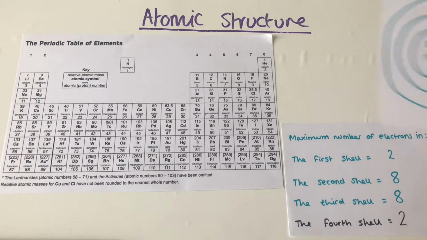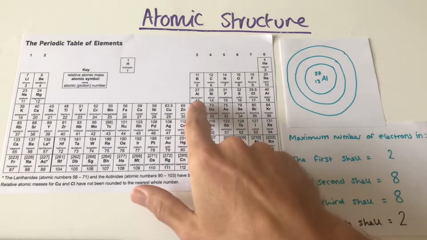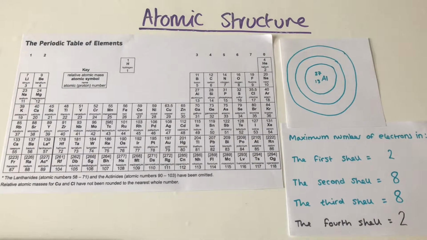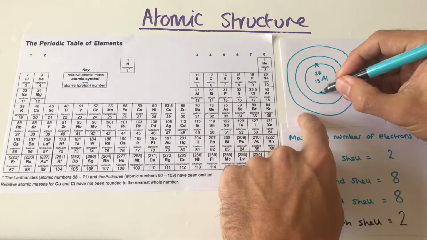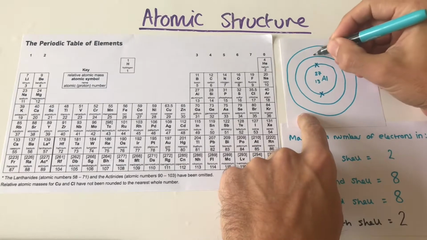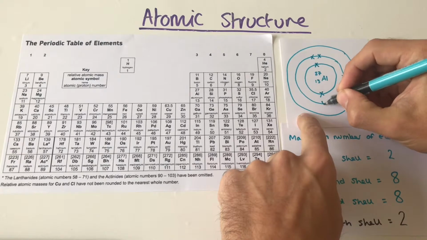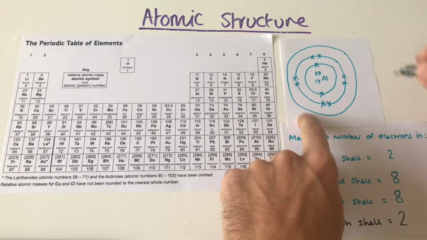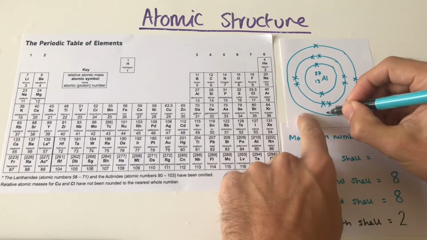For our next example, we're going to look at a slightly larger atom, aluminium this time. For aluminium, the atomic number is 13, so there are 13 protons for an atom of aluminium. Looking at the number of electrons in each shell, there are 13, so we're going to need 2 electrons in the first shell, 8 electrons in the next shell, and then 3 electrons in the outer shell, so that adds up to 13.